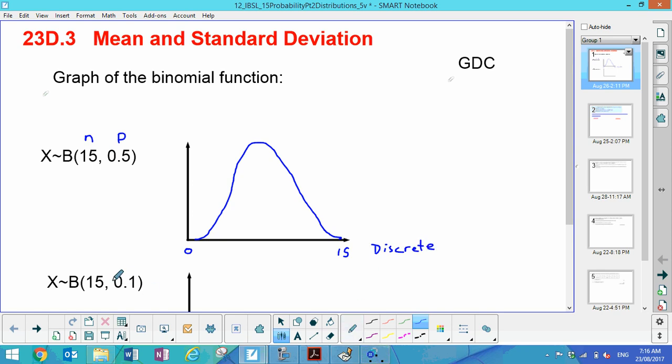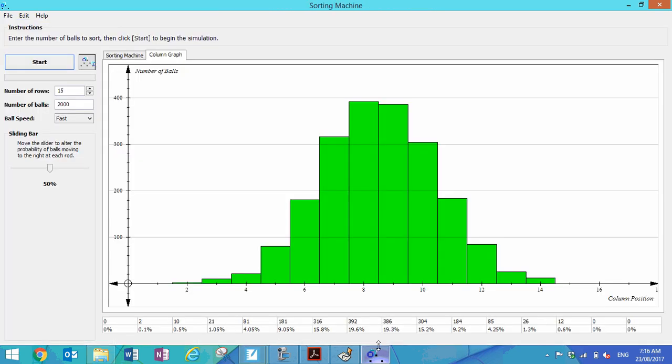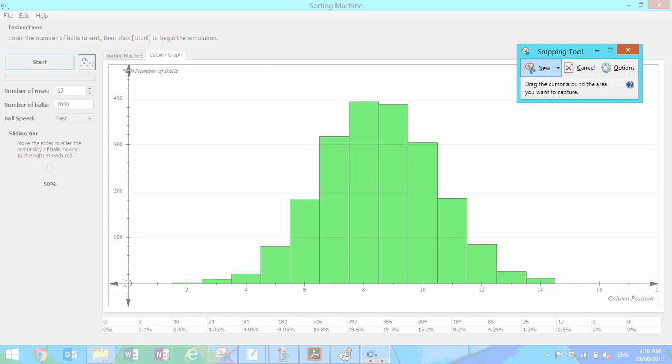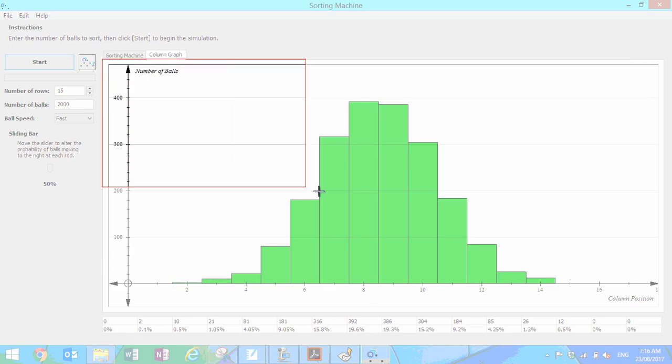Well, let's have a now look, same scenario, but let's make the probability of success only 0.1. How will our distribution of all our columns, how's that all going to change when we only have 0.1? Tell you what, we might even capture this and then we can put that in somewhere.